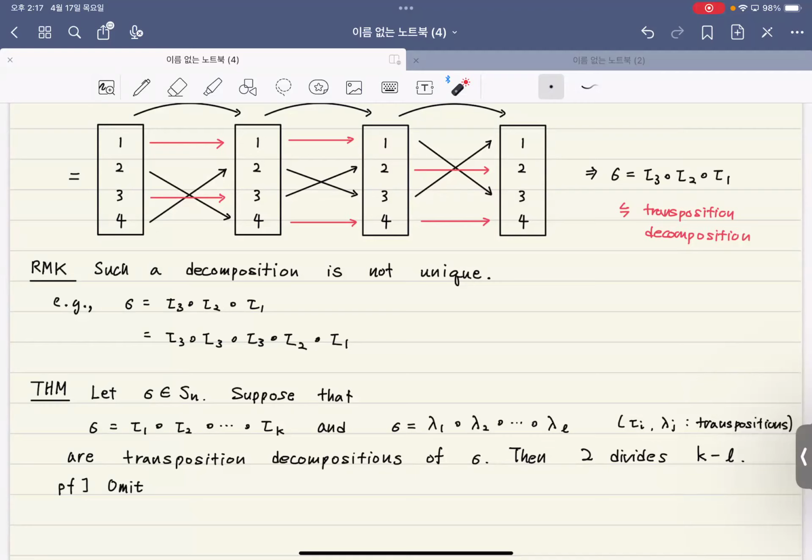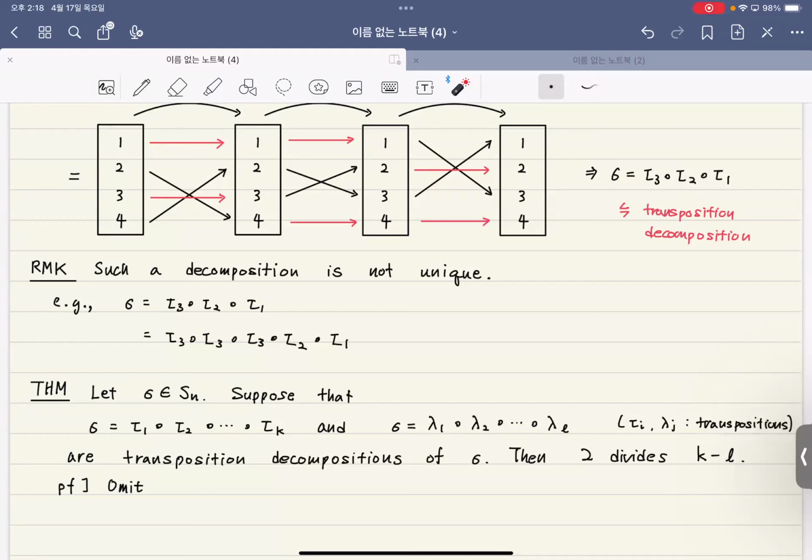So far we have learned any n permutation allows a transposition decomposition, and although the transposition decomposition is not unique, the parity of the number of transpositions that appears in the transposition decomposition is always well defined.